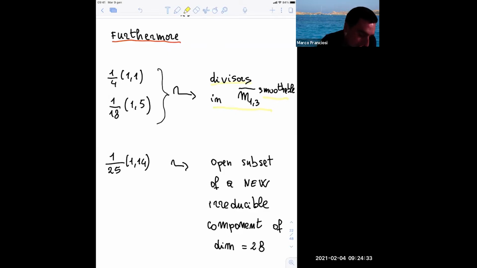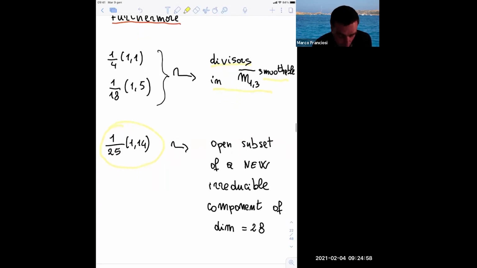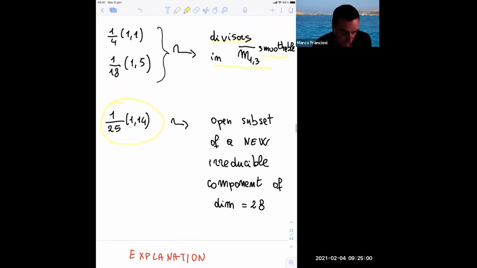Whereas the singularities of type 1/25(1,14) give an open subset of a new reducible component of dimension 28. So this is why I drew the picture in this way. Those kinds of singularities give new stable surfaces which are not smoothable.